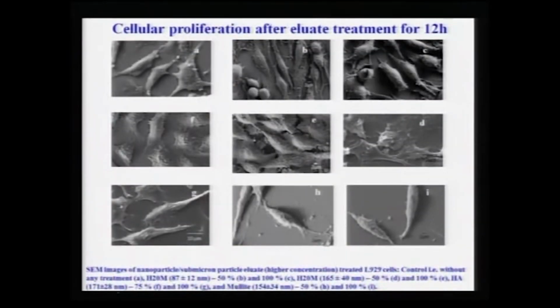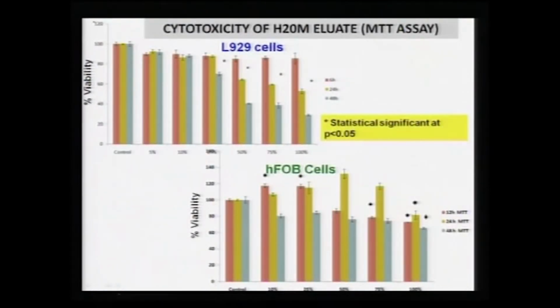So, this is the typical cell morphology after treatment with different concentrations of H20M, hydroxyapatite 20% mullite, of less than 100 nanometer, and you can see that the morphology also changes depending on the treatment concentration or treatment time.